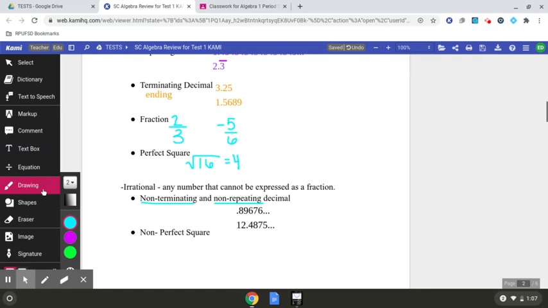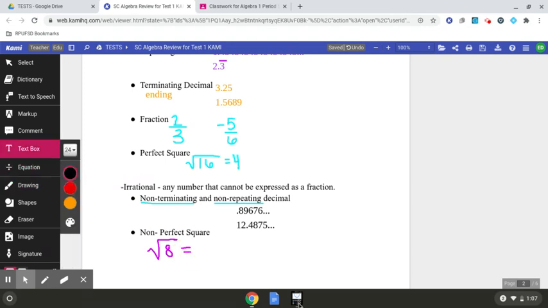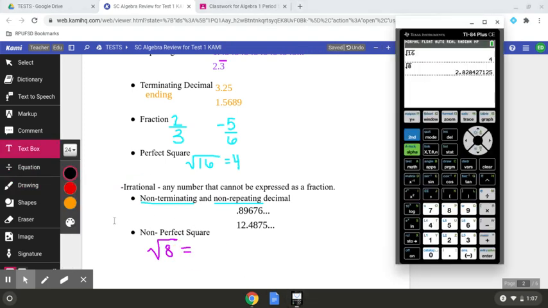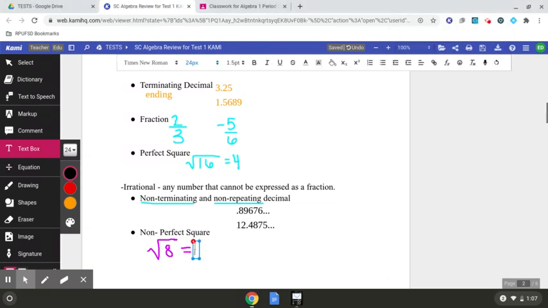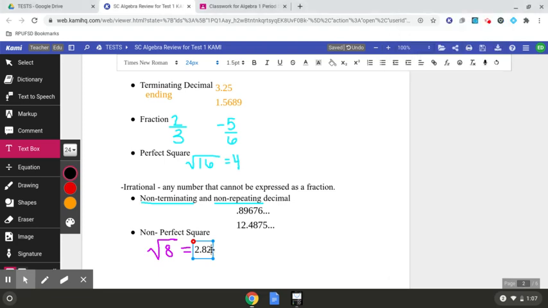And the other thing here would be a non-perfect square. So something like the square root of 8. And again, if you weren't sure, you could always take your calculators out and do the square root of 8. And if you put that in, you would get 2.82842, 8427, ... So your calculator screen does show that it stops because your calculator can't fit that many numbers.